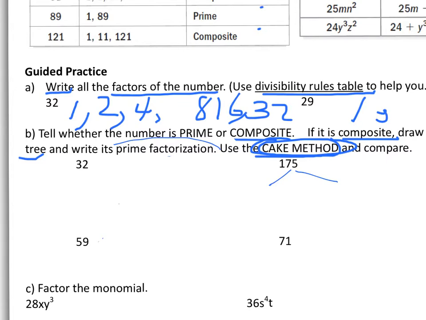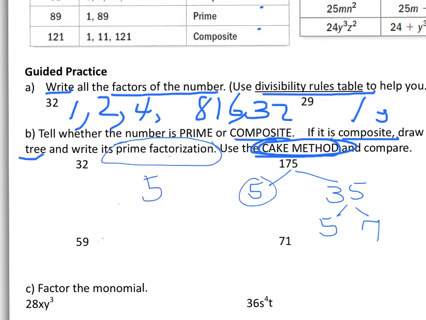I'm going to choose 5. How about that? 5 and 35. Okay? And here we can keep going. And we end here. And to write the prime factorization, we've got two 5s and one 7. 5 squared times 7. And this would be your prime factorization.